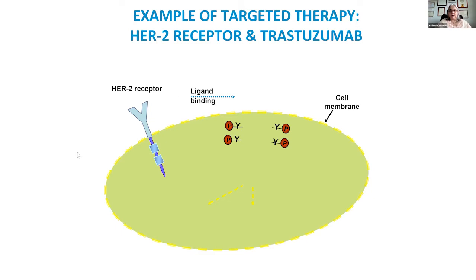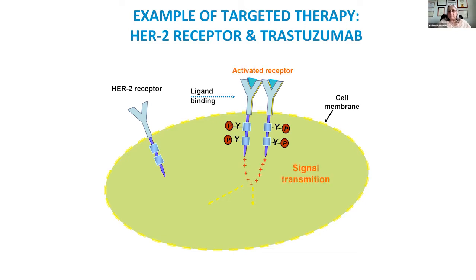So you see in this cartoon, and I will move it and you will understand how it works, that the HER2 receptor is a part inside the cell and a part outside the cell. And what happens is that when there are what we call growth factors, stimulus, what we call their ligand, when they connect to the receptor, it binds to another one, and they both go inside the cell.